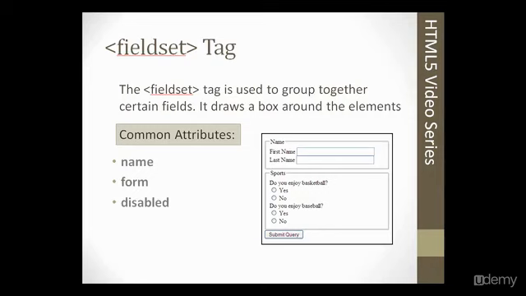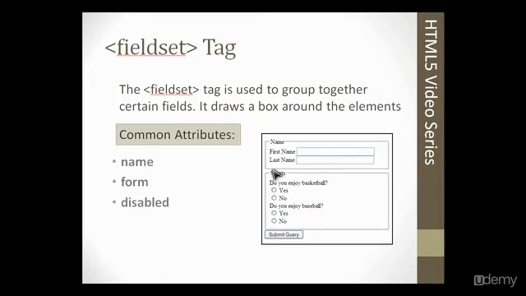The last form related element we're going to talk about is the fieldset tag, and it's used to group together different input fields. Here we have an example. You'll see we have the name fieldset. This is just the fieldset open tag, and then you'd have the input fields, and then you'd close it. And this would be the sports fieldset, so you'd open the fieldset tag, add whatever, it can be input boxes, checkboxes, radio, and then you just close the fieldset.